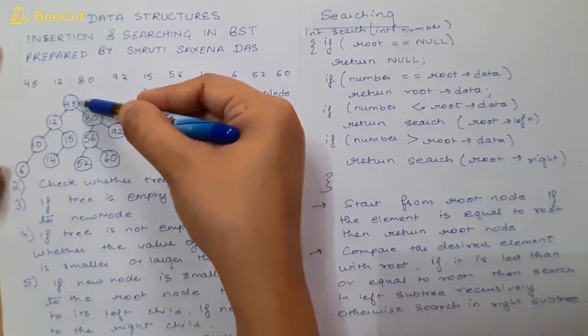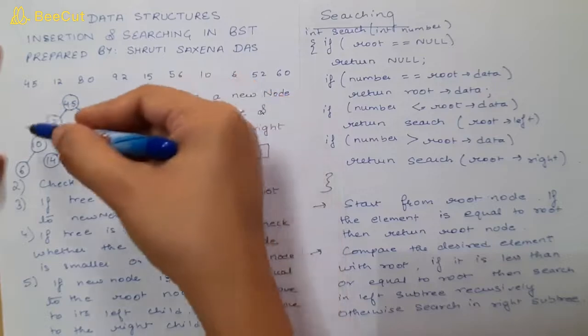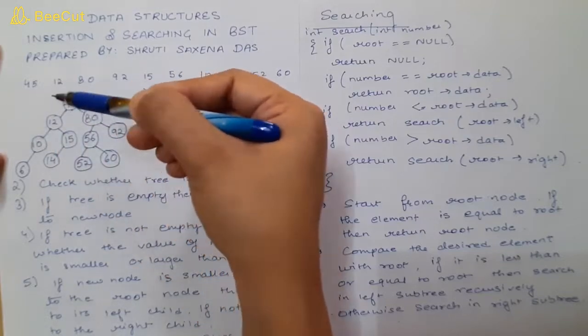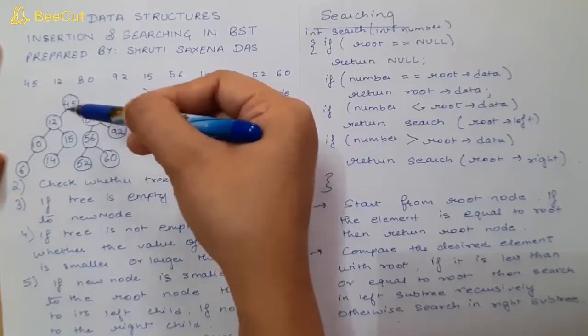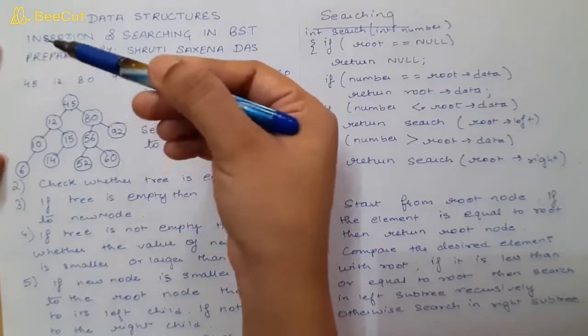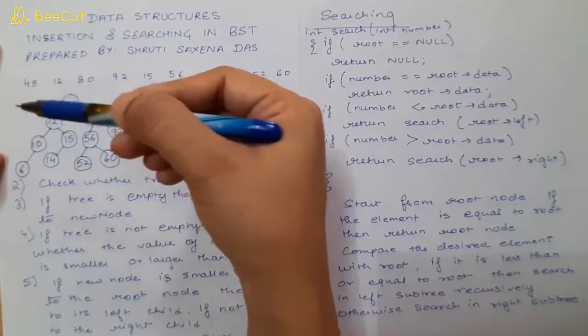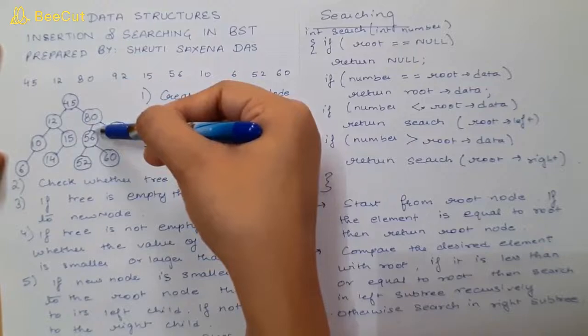There is no chance that in a binary search tree 56 is present in the left subtree of 45, because the right subtree must contain values greater than the root node.